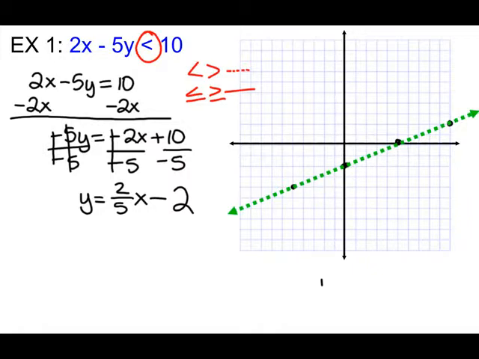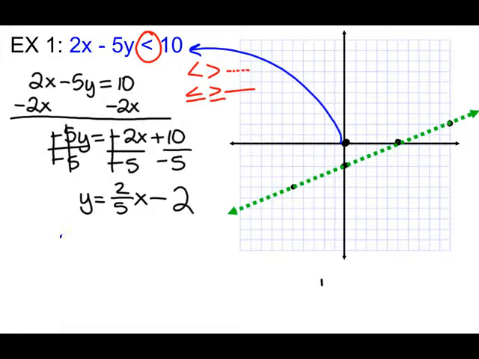Now, when we do inequalities, there's not just one answer, there are multiple answers. So to figure out which side we shade to represent the multiple answers, we always pick an ordered pair. Now I know all you guys are hollering, the easiest ordered pair is 0, 0. And we can actually use it this time. So we take our ordered pair, 0, 0, and plug it back into our original problem.